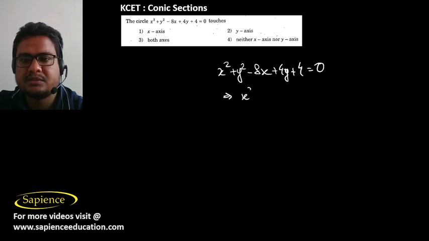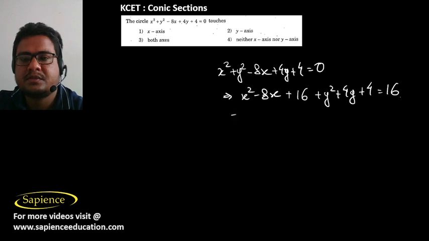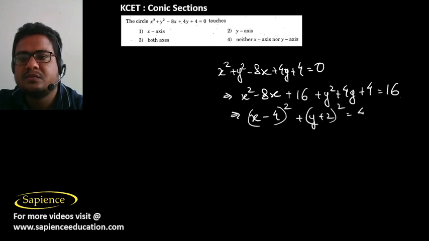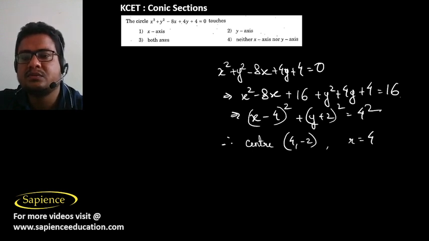So this I can write as x square minus 8x plus 16 plus y square plus 4y plus 4, that is equal to 16. This we can write as x minus 4 whole square plus y plus 2 whole square, that will be equal to 4 square. So therefore the center is at 4 comma minus 2 and the radius is 4 units.